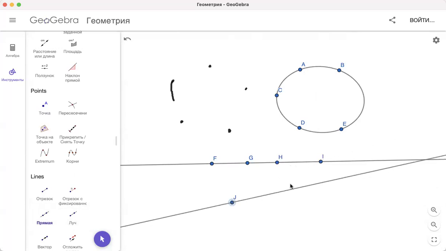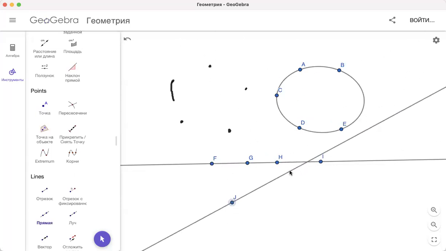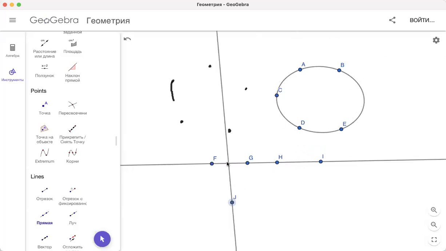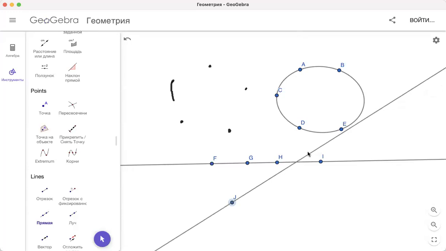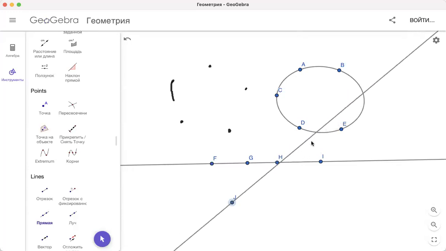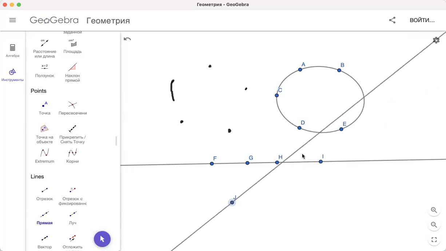The union of these 2 lines is a degenerate conic passing through these 5 points. Also, if you have 5 points on the same line, this is also a bad situation. But in other cases, you have exactly one conic passing through these 5 points in the plane.